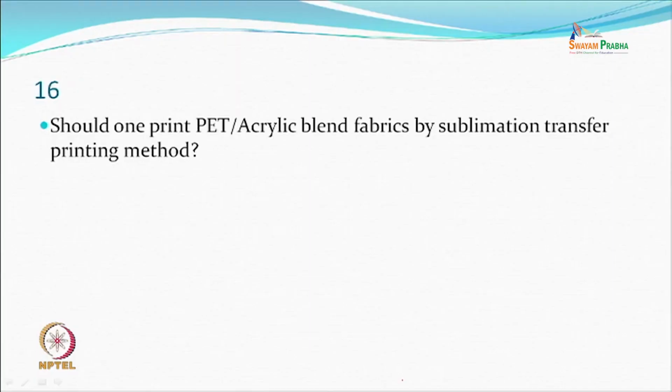Should one print polyester acrylic blended fabrics by the sublimation transfer printing method? First of all, these two fibers, from a thermal stability point of view, are very different in character.